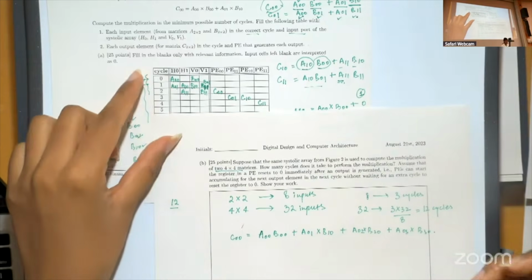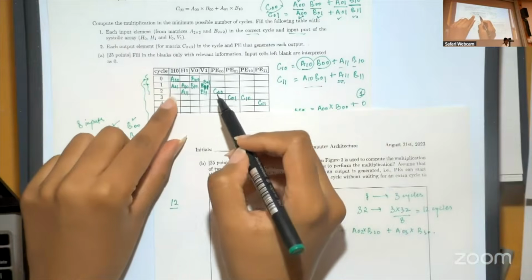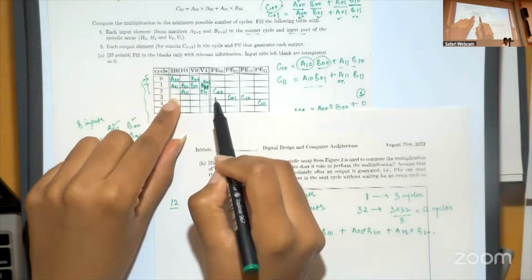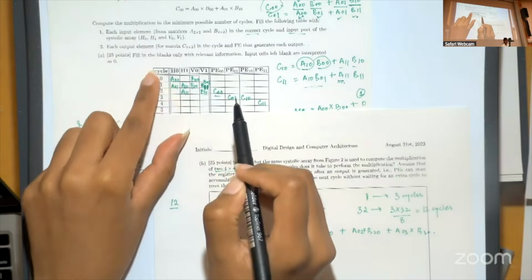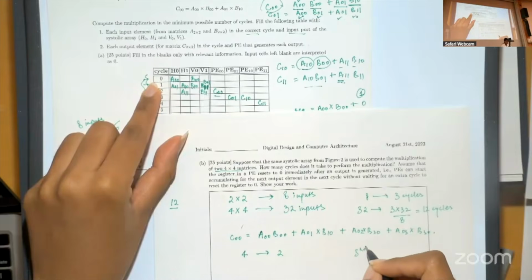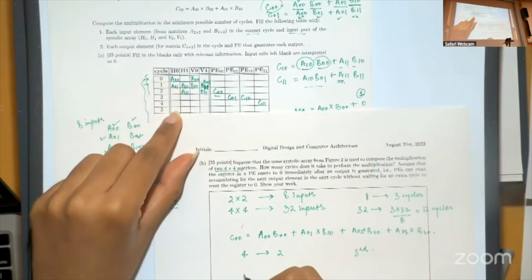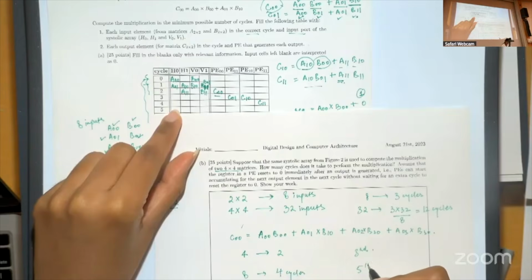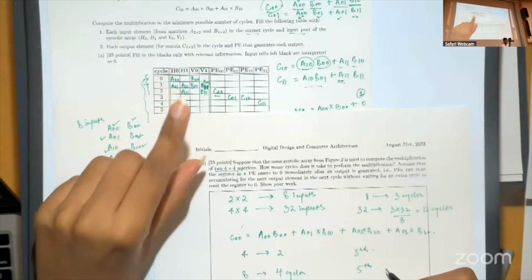Now, in the case of the 2x2 matrix, you got the first output after 2 cycles. So when you had to compute on 4 operands, it took 2 cycles, and in the 3rd cycle you got the first output. Now you have 8 operands, so it will take you 4 cycles, and in the 5th cycle you will get your first output.